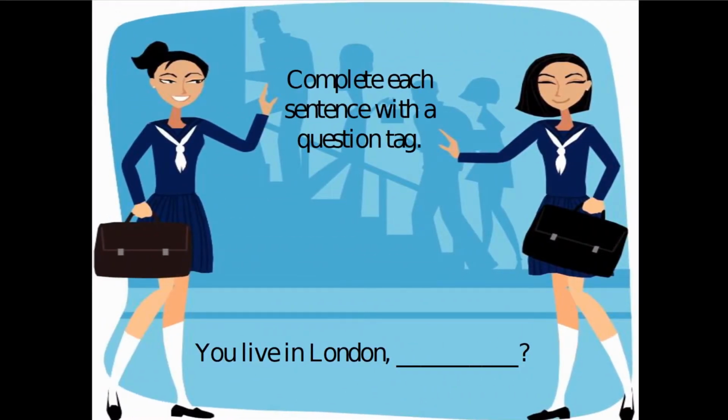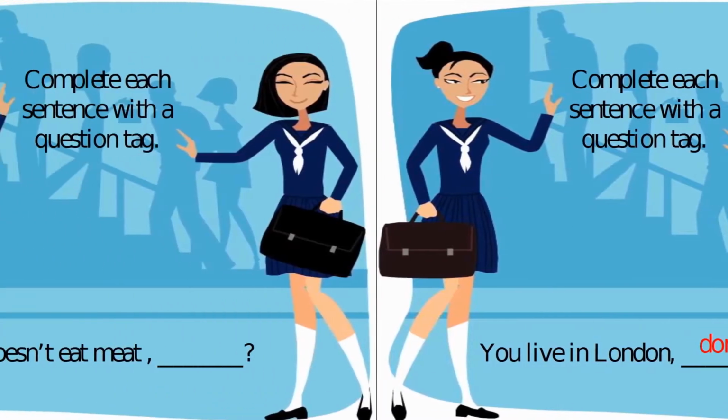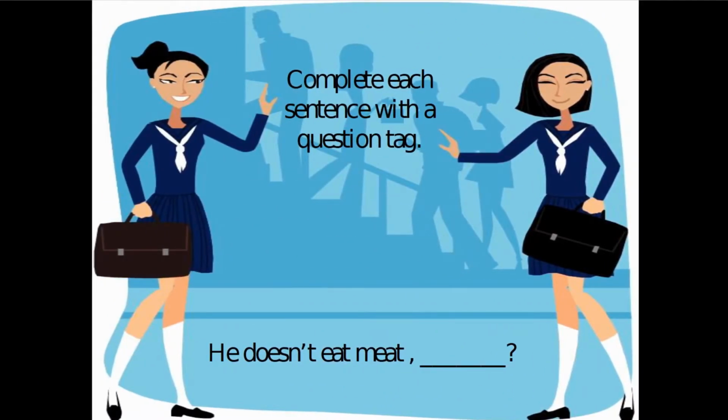You live in London. You live in London, don't you? Notice again, we don't have any do here, but we still end with don't. He doesn't eat meat. He doesn't eat meat, does he?